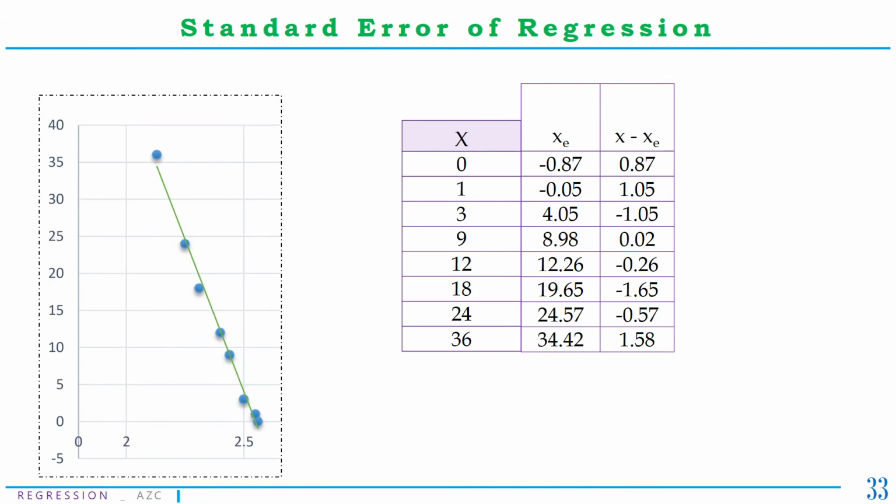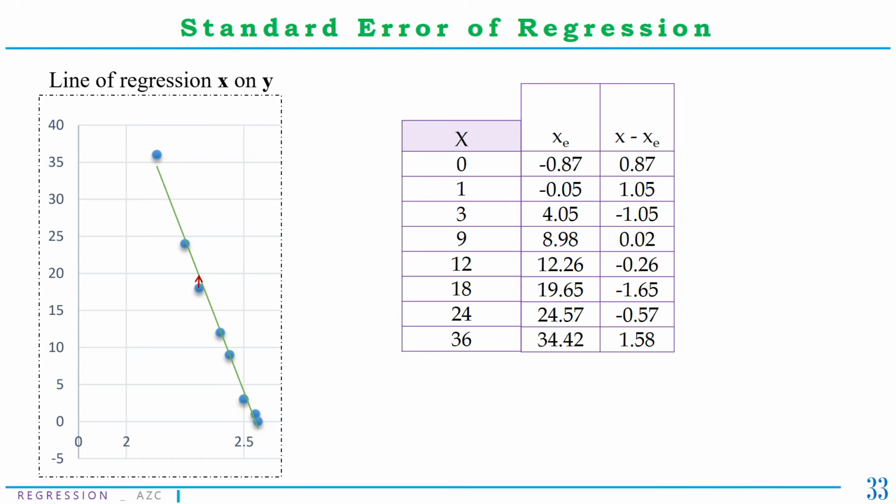For better understanding of unexplained variation and standard error of the estimate, let's magnify the line of regression x on y. You see the observed x value, 36, is above the line, while the observed x value, 18, is below the line. Here, 18 is the observed value of x, and the point of the red arrow shows the estimated value of x.